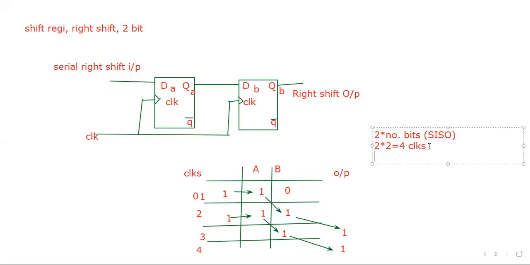Suppose it is parallel, serial in, parallel out. Then I'm modifying this figure as serial in. This is our input, which is okay, but we are not happy with this serial right shift output.